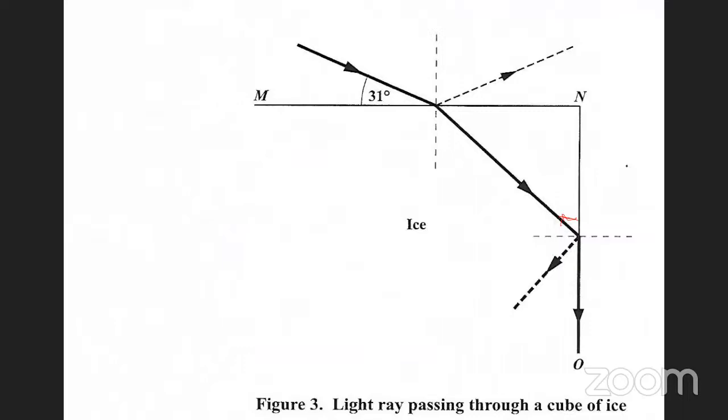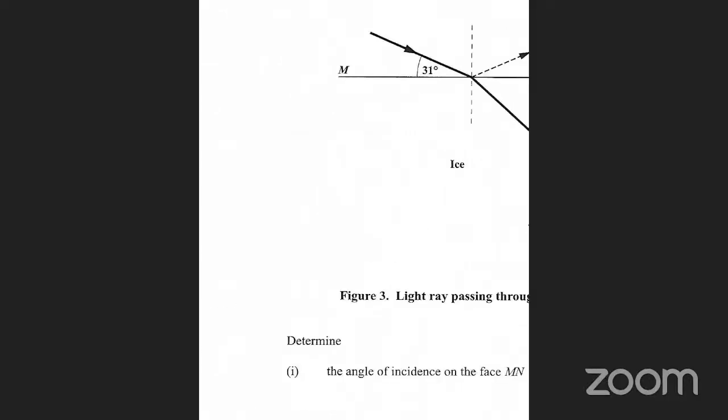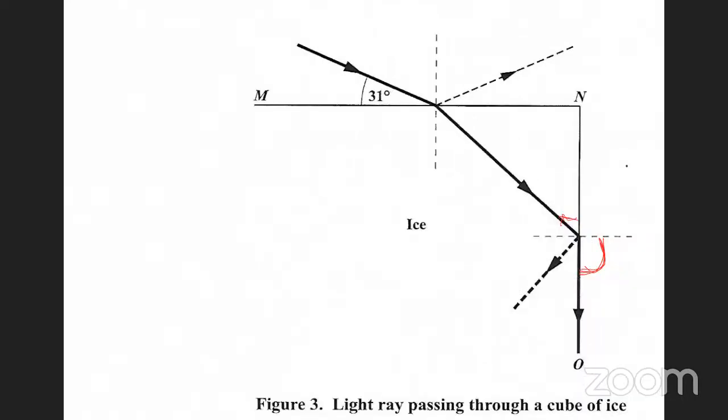Come on, it is the exact same diagram that we did a little while ago. There is the 90, right? There is your 90. So your 90 degrees is here.